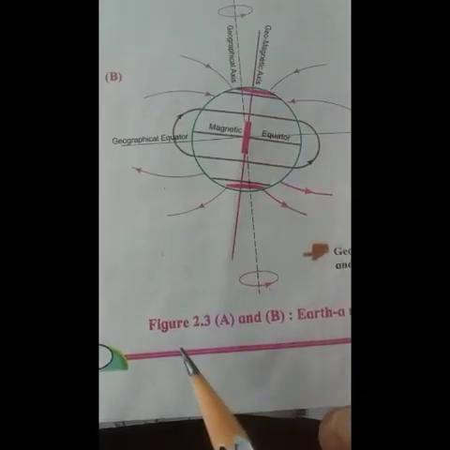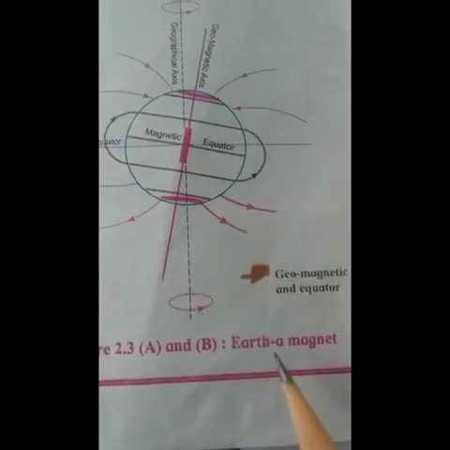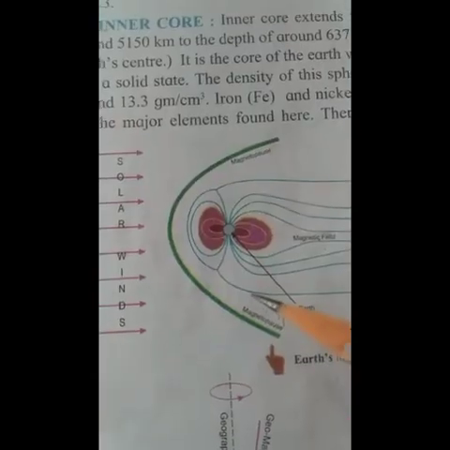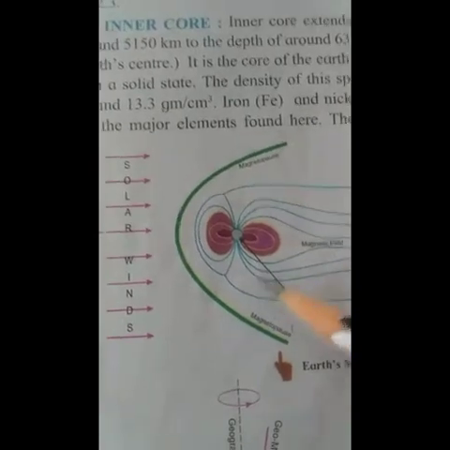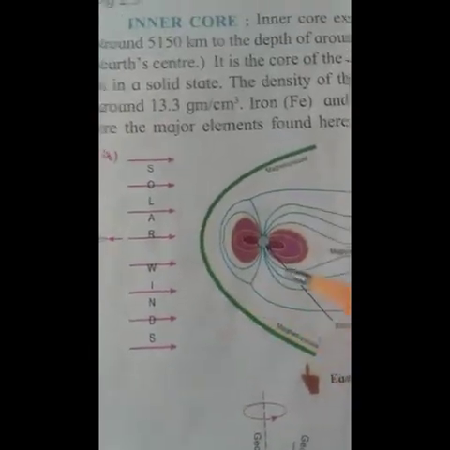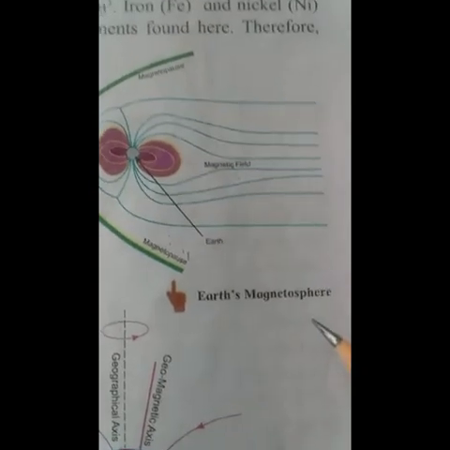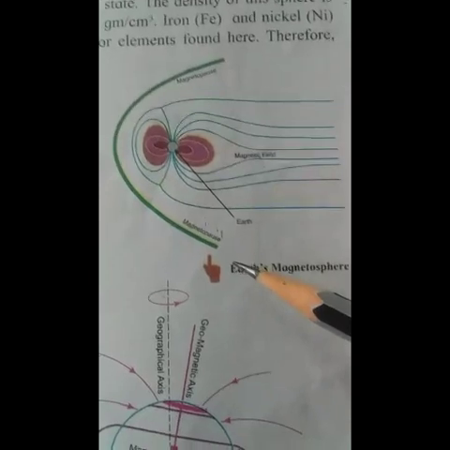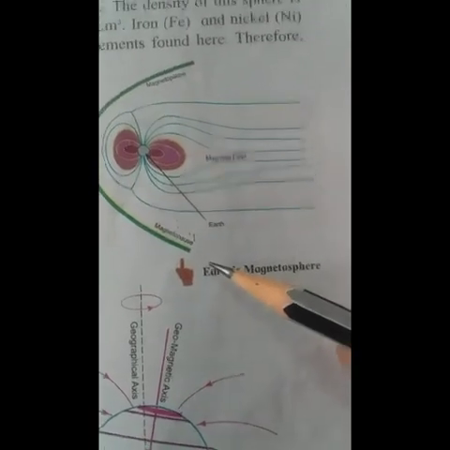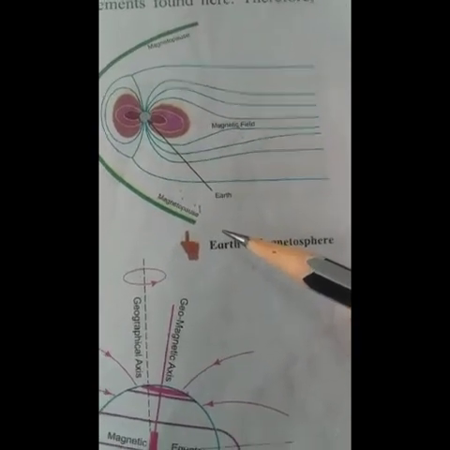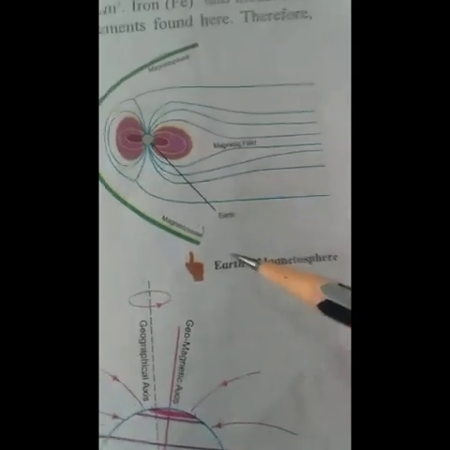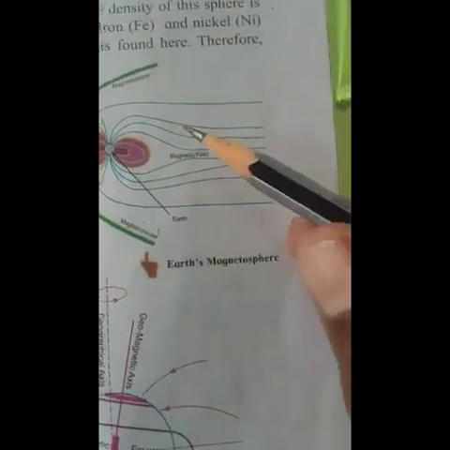And now look at this figure number 2.3a and b, Earth, a magnet. First, we will discuss figure number 2.3a, Earth's magnetosphere. We have learned that the outer core of the Earth's interior is in liquid state and the proportion of iron is more in this layer.